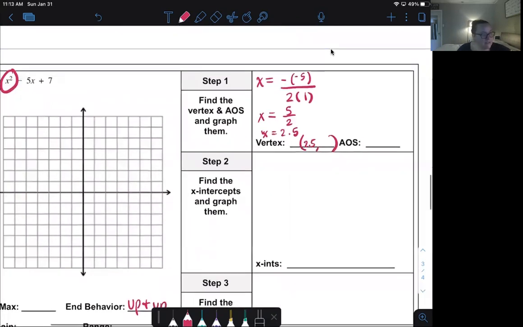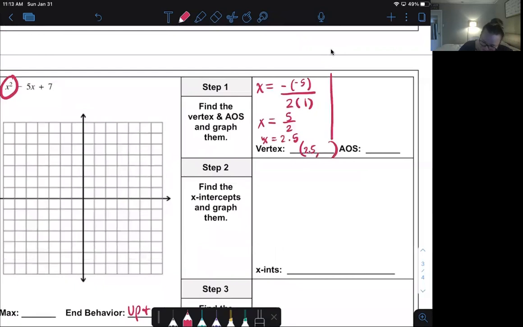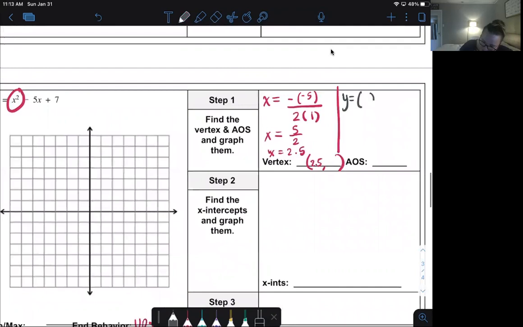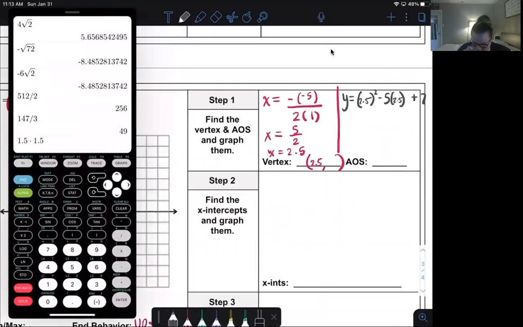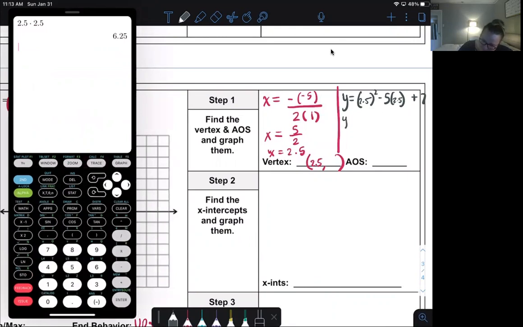Okay. Then let's find our y value. So y will be equal to x squared minus 5 times x plus 7. So we're going to plug in 2.5. I don't feel like doing any of that in my head, so we're going to use a handy dandy calculator. 2.5 squared is 6.25, minus 5 times 2.5 is 12.5, and then we're going to add 7.